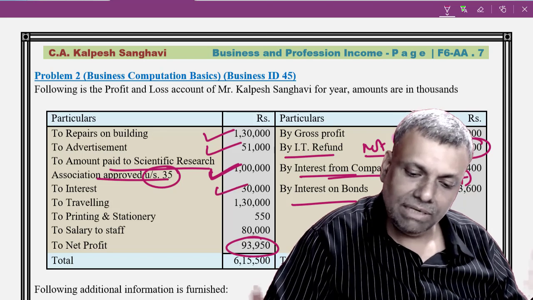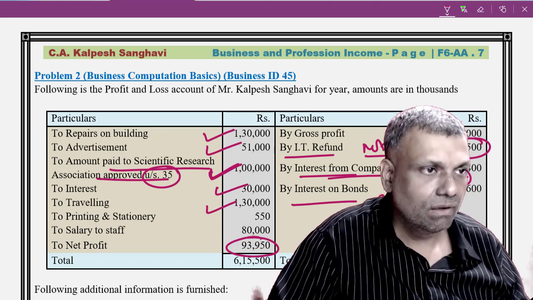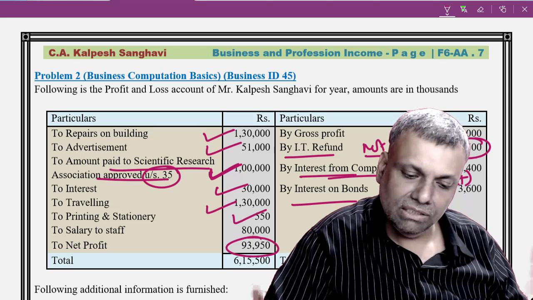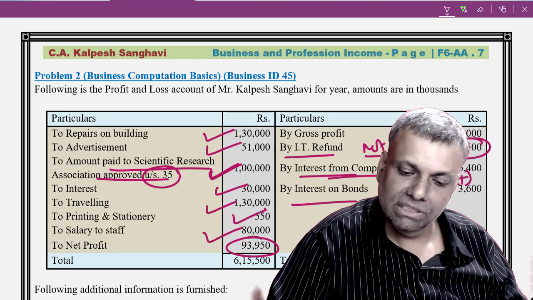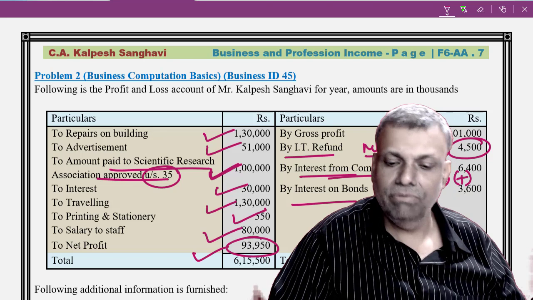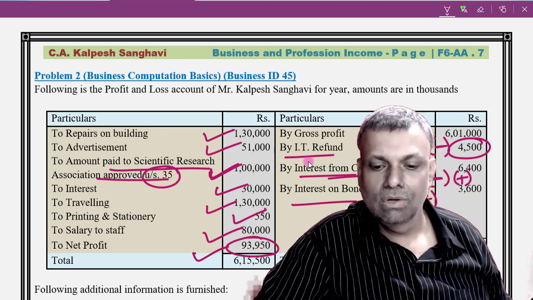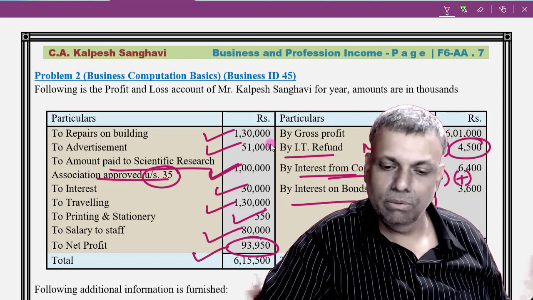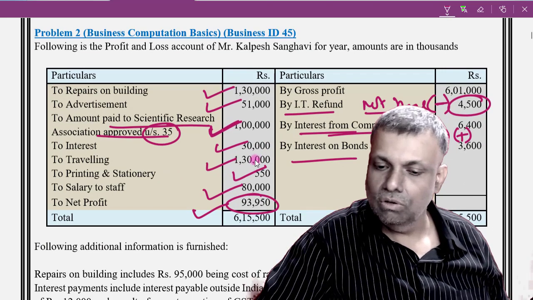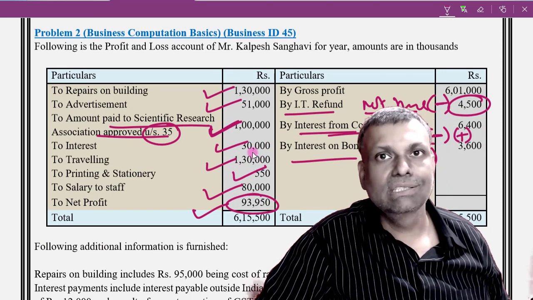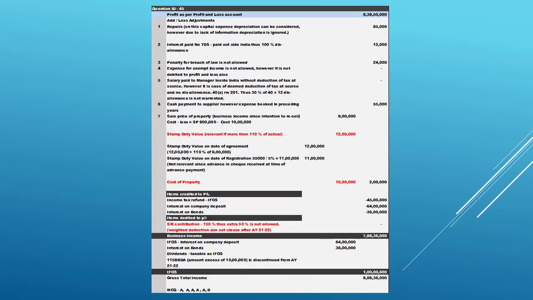Interest is a business item. Traveling is a business item. Printing and stationery is a business item. Salary to staff is a business item. So the net profit is okay, as we started. There is no other offensive expense item on the profit and loss debit side, so all the items are okay. Now you can just take your total and update the answer.